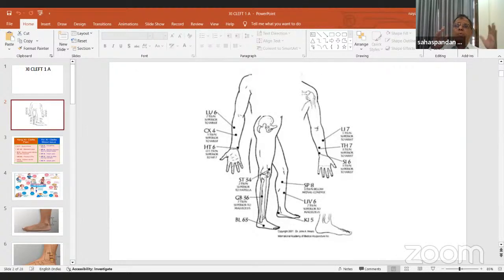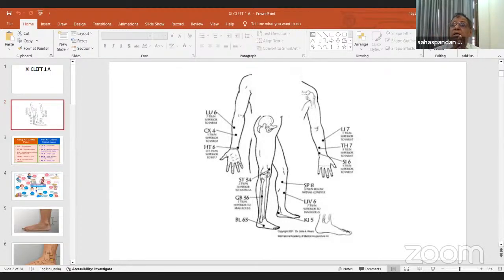In the yin meridians of the hand, it is pericardium 4, LU6, and heart 6.